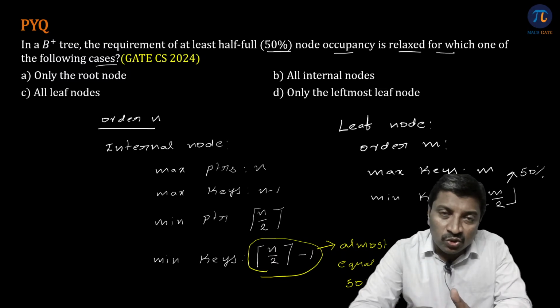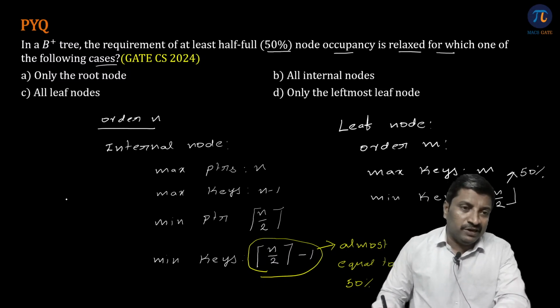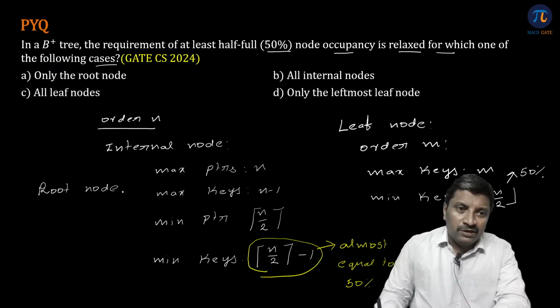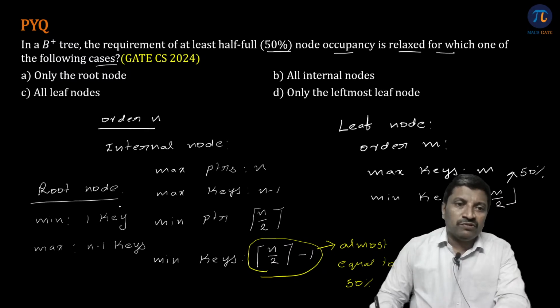But only the root node can have minimum one key in any situation, either in B tree or in B plus tree. Maximum n minus 1 keys, because that is the maximum number of keys allowed. So for root node, I can have minimum one key.